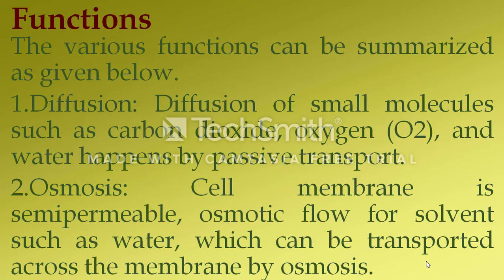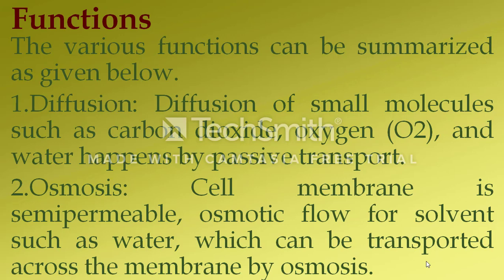Coming to the functions, the various functions can be summarized as below. First we'll take up diffusion. Diffusion of small molecules such as carbon dioxide, oxygen and water happens by passive transport.